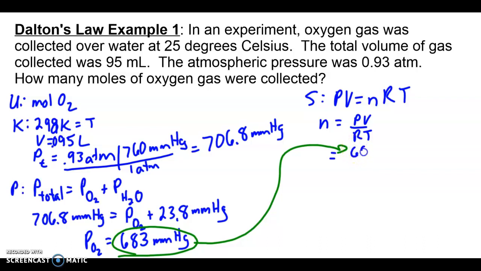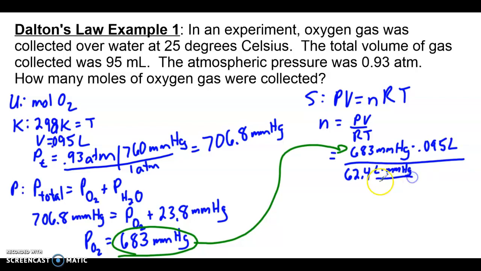So 683 millimeters of mercury times the volume, which was 0.095, divided by the gas constant, 62.4 liters times millimeters of mercury over mole Kelvin, and put in our Kelvin temperature, which was 298.